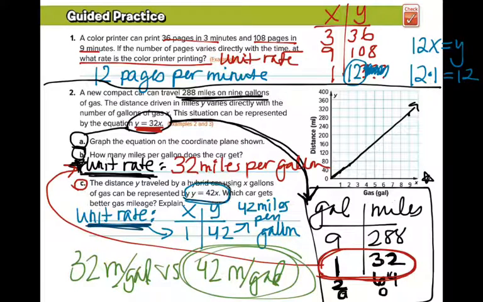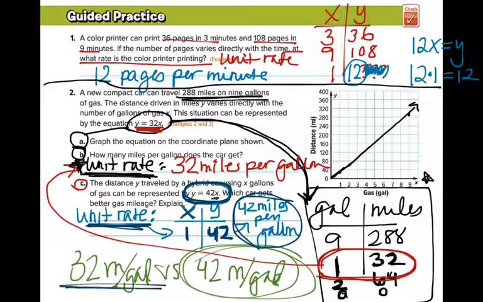So I took the equation, y equals 42x, and I knew for a unit rate, x would have to be 1, because that's per gallon, okay? And x are my gallons. So per gallon would be 1 gallon. So I substituted a 1 into the x value in my equation. 42 times 1 is 42. So that means if I have 1 gallon of gas, my car can go 42 miles.